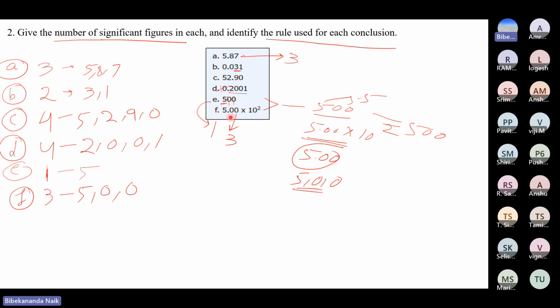But in F, since it is written in scientific format, that is 5.00 times 10 to the power 2, all these digits in the coefficient, 5 and 2 zeros, are significant figures. So I think it is clear to all of you.